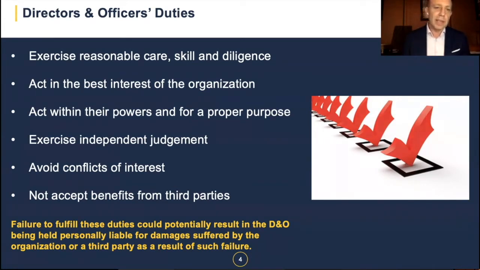So someone that is alleged to have taken a bribe, for instance, would initially enjoy legal defense cover under the policy, but as soon as they're found guilty, the cover stops, and the underwriters will try and recover those costs from the director. But that has to go through the court process.